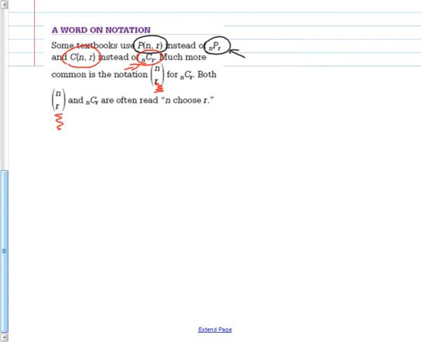We're going to see combinations written both ways. Sometimes we call it n choose r when we're talking about a combination. So you will hear that phrase, n choose r, it means it's a combination. So n things chosen r at a time is the same thing as this. Just two notations that mean the same thing.